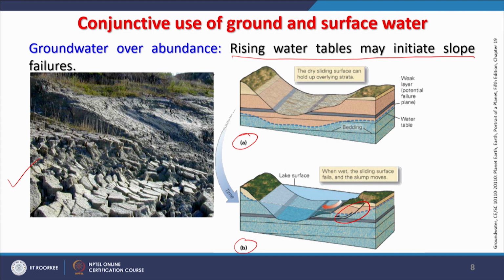Because of a certain arrangement of formation, weak layer, potential failure plane, and then you have the water table which was at a sufficient depth, everything was intact, nothing was happening. But because of overabundance of groundwater, because of some activity on the upstream side, maybe a reservoir has come, maybe a big water body has come, that is recharging the groundwater regime, maybe an unlined canal might have come, and that might create some problems.